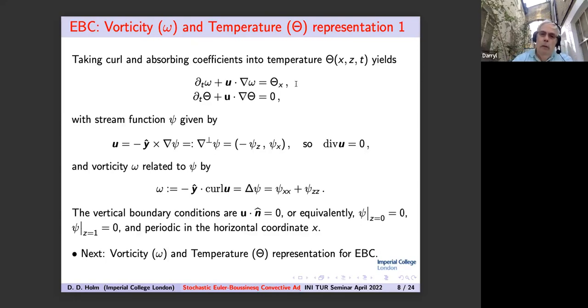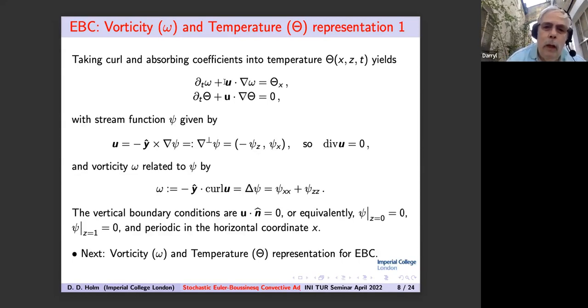Then we have this simple equation here. If the theta wasn't there, it would just be Euler's equation. When theta is there, then variations in the horizontal derivatives of the temperature theta drive the vorticity. The vorticity in turn drags the temperature, and they do a little waltz together. And you'll see some examples of this waltz.